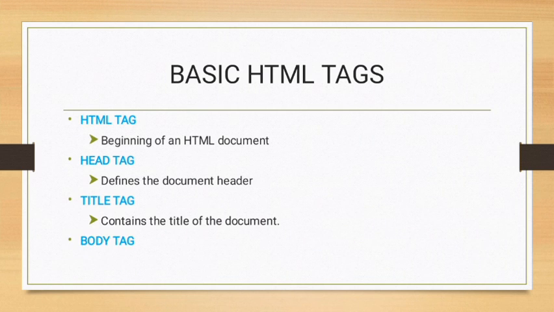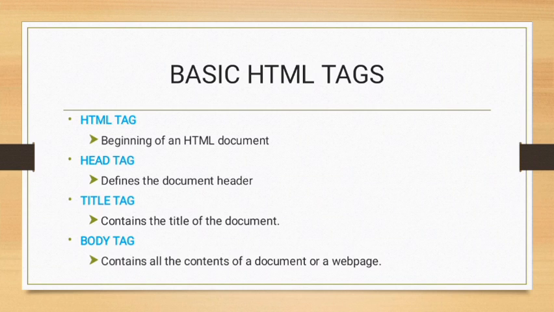Then body tag, this is the important one, which contains the main content and will be given inside this body tag. So all the contents of a document or a web page will be given inside this body tag. So these are the basic HTML tags in order to create a web page: HTML, head, title and body.